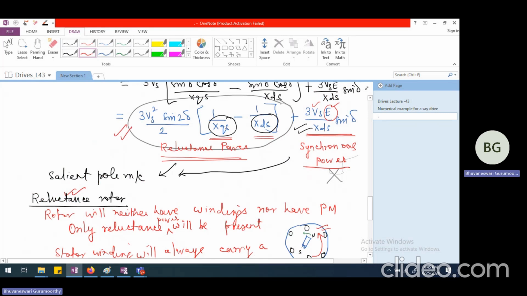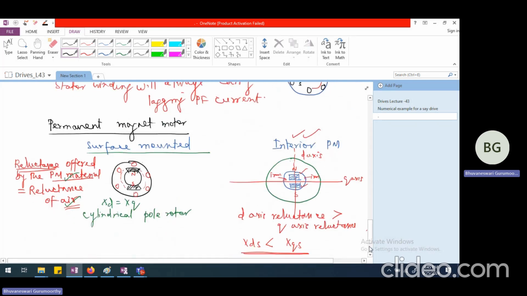And in the case of salient pole machine, because XQS was smaller, the reluctance torque was positive. Whereas in the case of interior permanent magnet machine, this reluctance torque will come out to be negative.